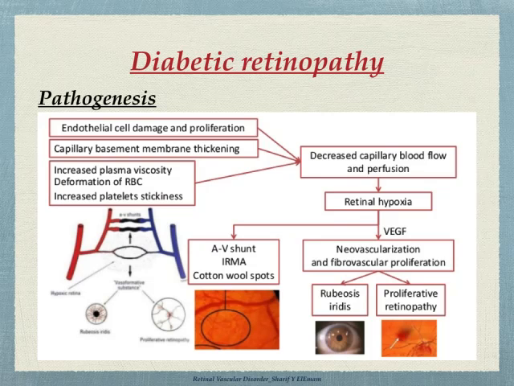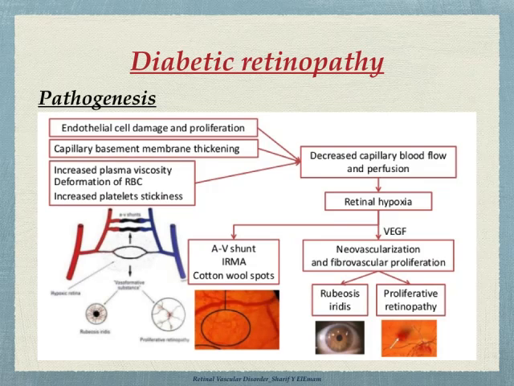It can also lead to formation of VEGF, the vascular endothelial growth factor, and this can lead to formation of new vessels, or neovascularization, whether at the disc, which are called NVDs, or new vessels at the disc, or elsewhere outside the disc, which are called NVEs. Sometimes they can form on the iris itself, leading to something called rubeosis iridis, and they can even form in the angle of the anterior chamber.